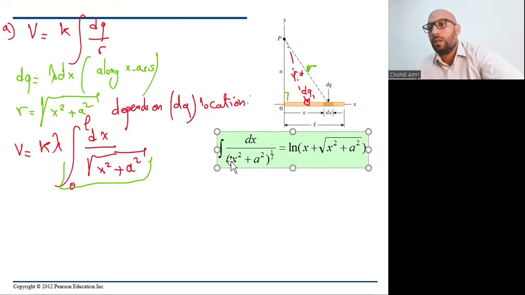Okay, this integral will be given. So the integral of dx over x squared plus a squared power 1 over 2 is equal ln x plus square root of x squared plus a squared.